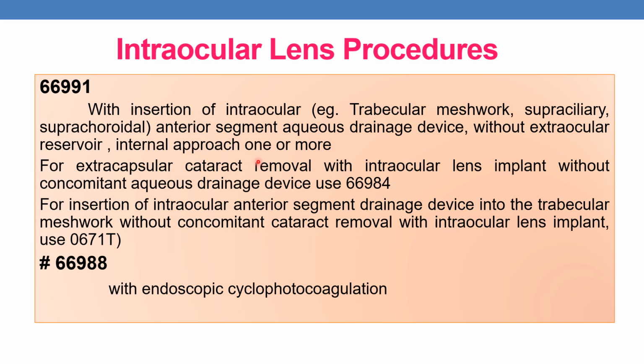They are associated with the procedure of extracapsular cataract removal with insertion of intraocular lens if it is simple. And if it is complex, the respective CPTs are 66989 and 66987. If it is simple, it is 66991 and 66988.